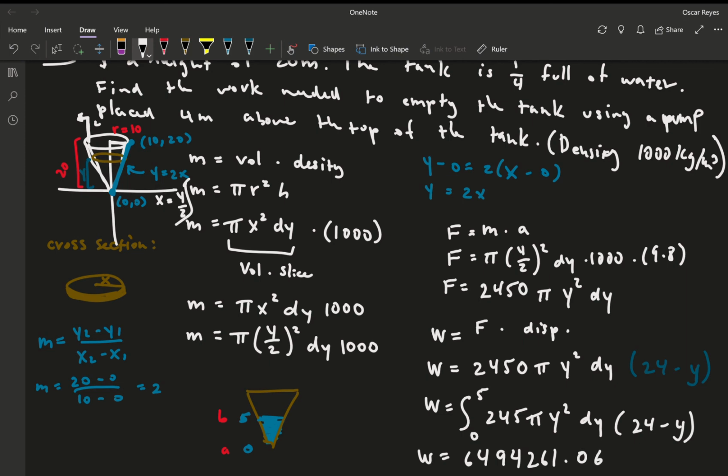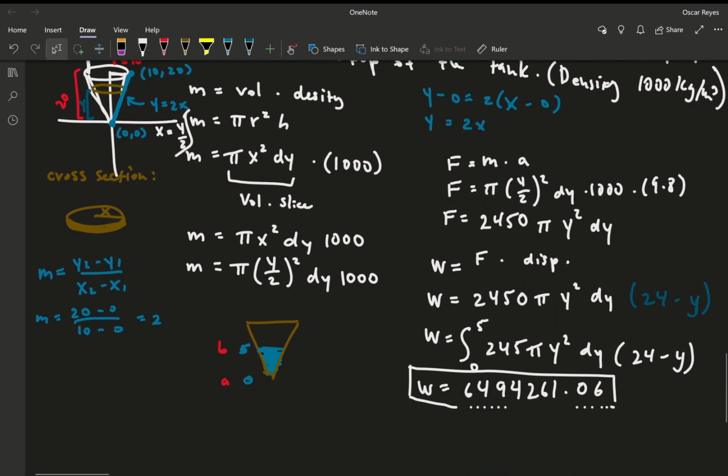I'm leaving it at 2 decimal places. You can leave the pi out if you want to. I know that makes my life a little easier. In this case, I'm going to multiply the pi in there to get a decimal, and leave it at 2 decimal places. So that's how much work needs to be done to empty the tank that is 1/4 full.